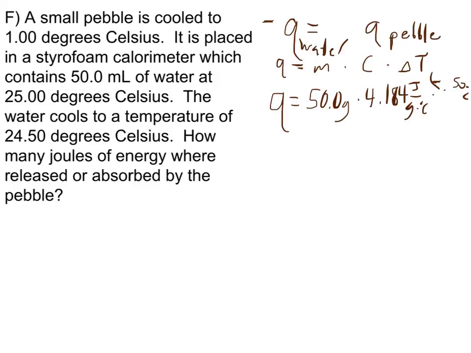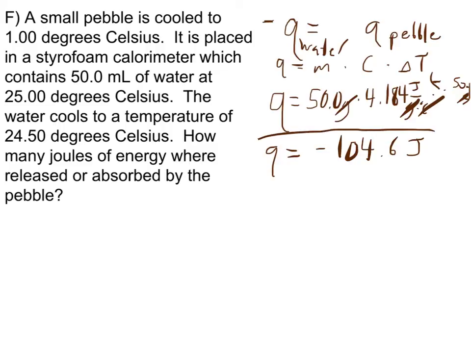So it lowers by 0.5 degrees Celsius. If we do this in the calculator, 50 times 4.184 times negative 0.5, it comes out to be negative 104.6. The units on that, grams cancel, degrees Celsius cancel, and you're left with joules.